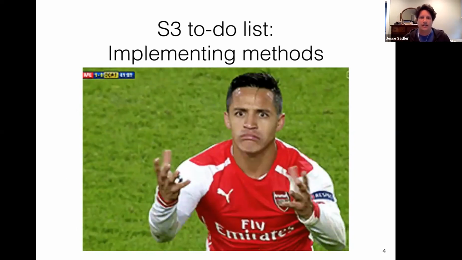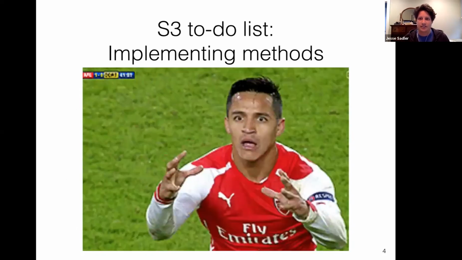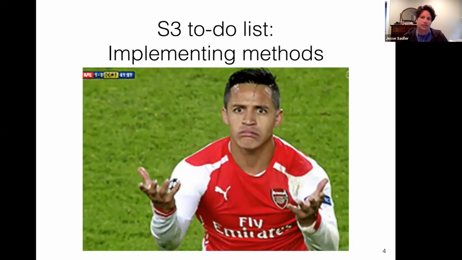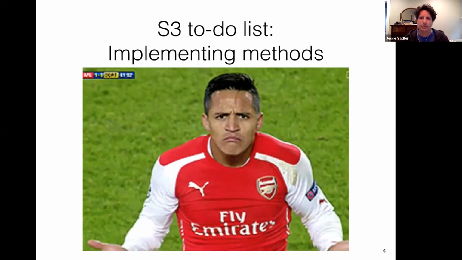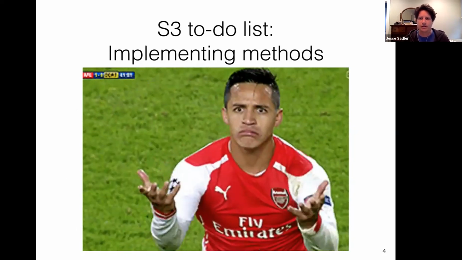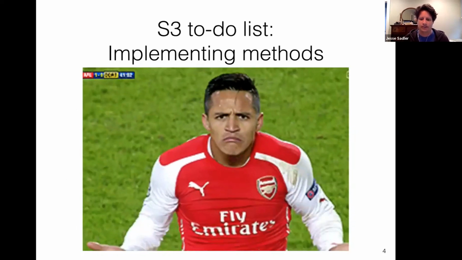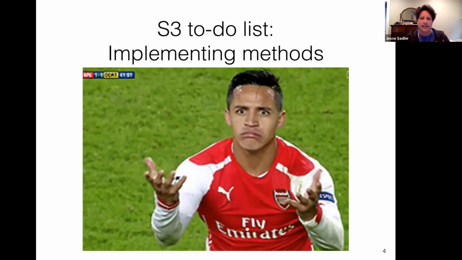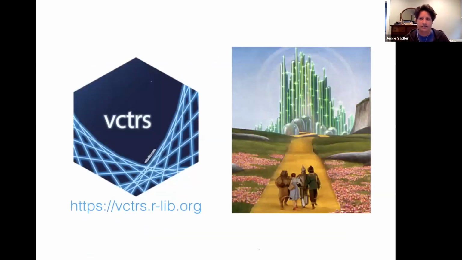So if you're interested in creating your own class system, so you have an attribute or a set of attributes that you want to attach to a base class, then you can use vctrs. And vctrs is a new-ish package that provides you with a path to creating an S3 class.